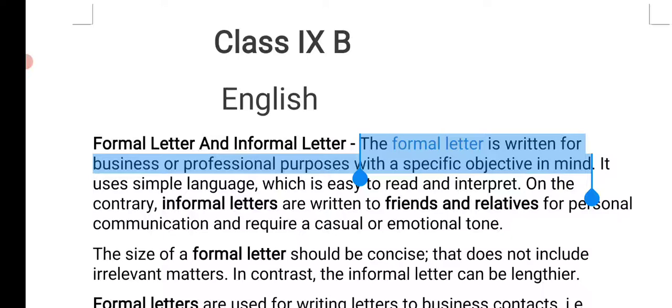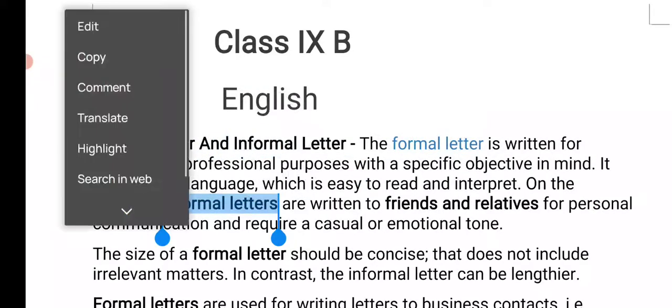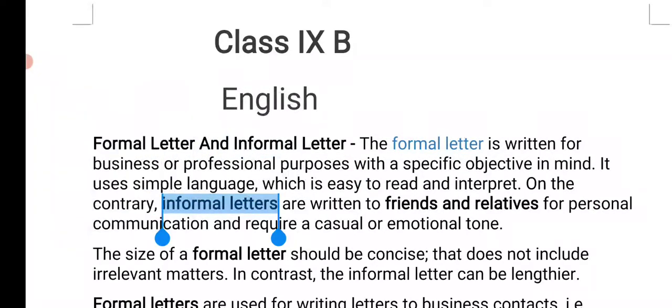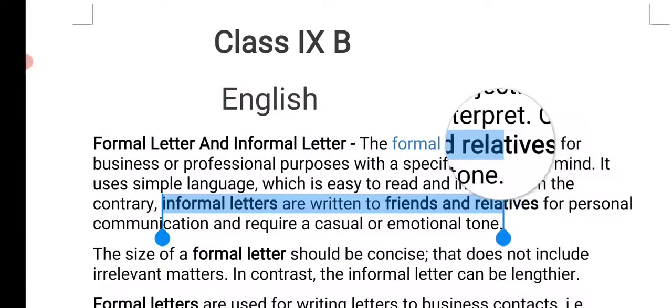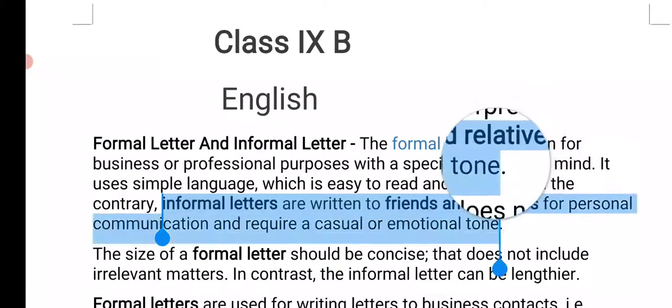So when do we write informal letters? This is where you need to focus, because in your syllabus we have informal letters, so please pay attention to it. Informal letters are written to friends, relatives for personal communication and require a casual or emotional tone, right?